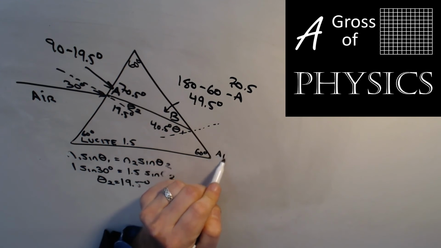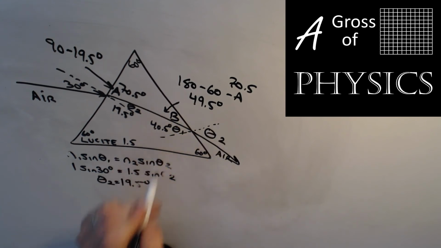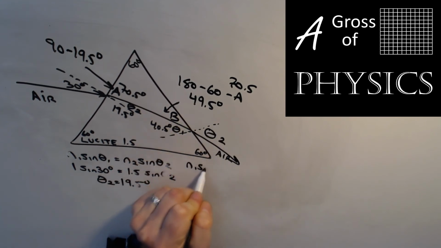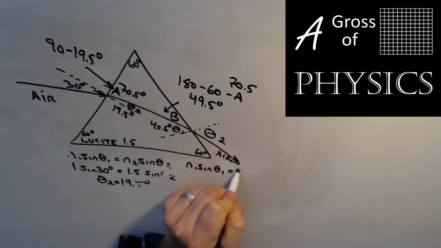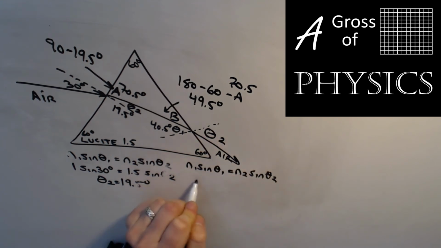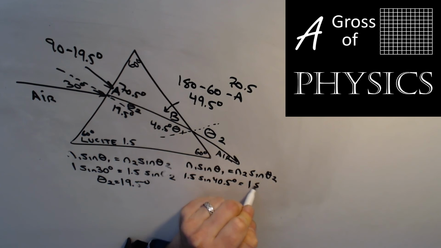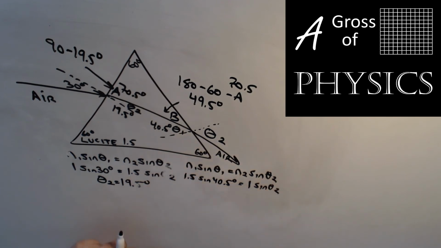Now it's going to hit this boundary. It's going to go back into the air. It wants to go straight, but it's going to bend away from the normal. And this angle theta 2 is going to be bigger than 40. n1 sine theta 1, n2 sine theta 2. We're in the Lucite, so it's 1.5 sine of 40.5 equals 1 sine theta 2.